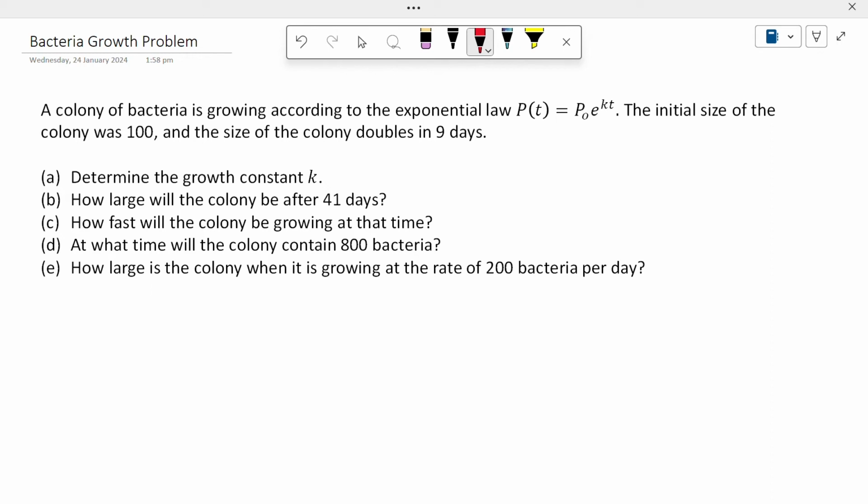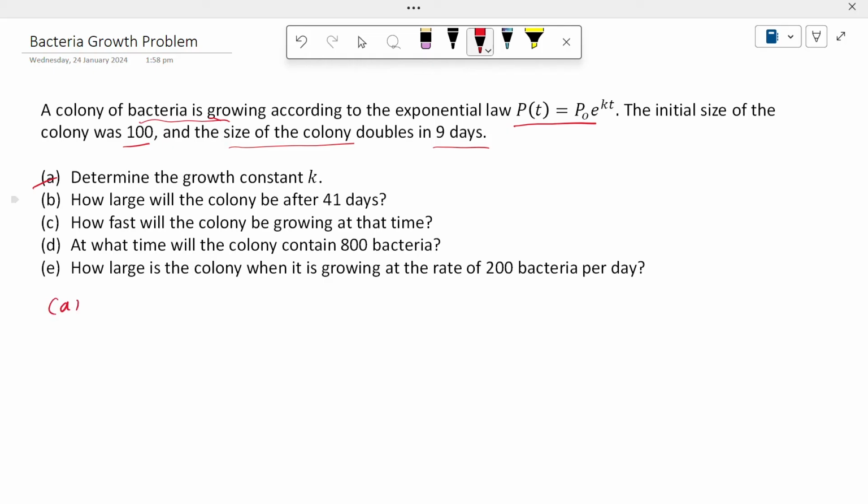Let us see the bacteria growth problem. A colony of bacteria is growing according to the exponential law. The initial size of the colony was 100, and the size of the colony doubles in 9 days. Question 1: determine the growth constant.